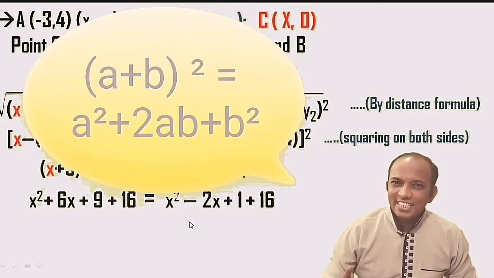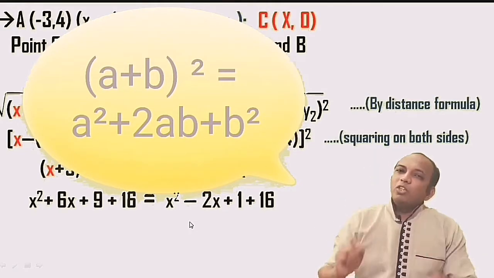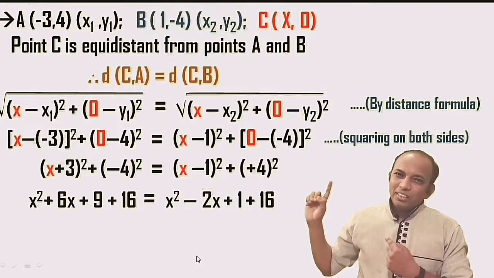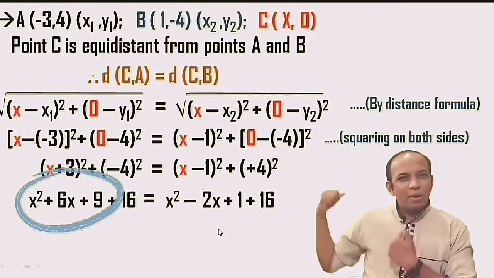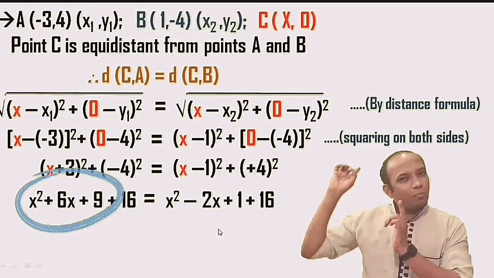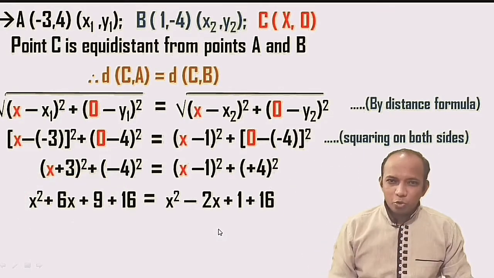What is that formula? Yes, a square plus 2ab plus b square. The moment you apply that formula for (x plus 3) the whole square, we get the answer x square plus 6x plus 9. And plus 16 we got after squaring 4.